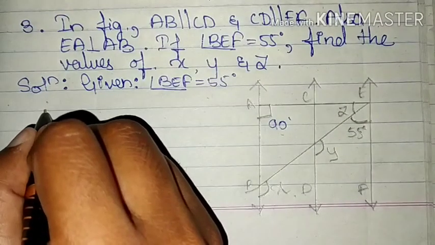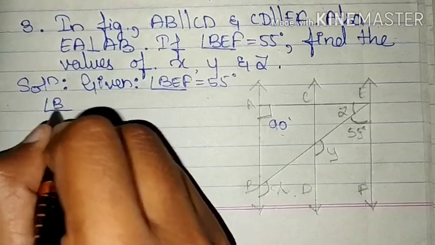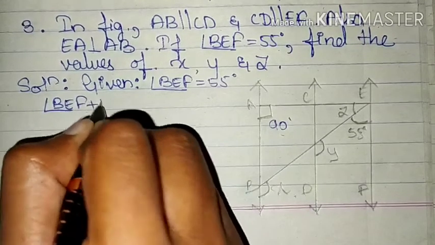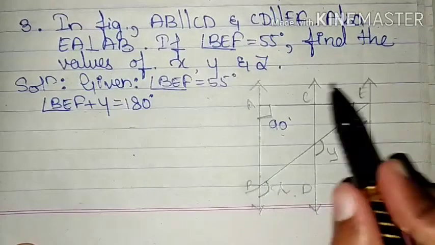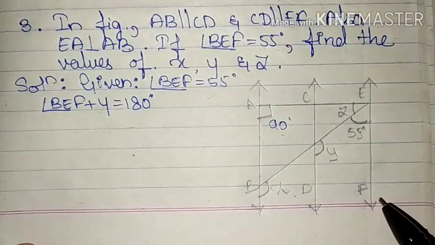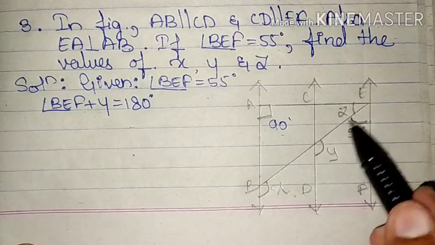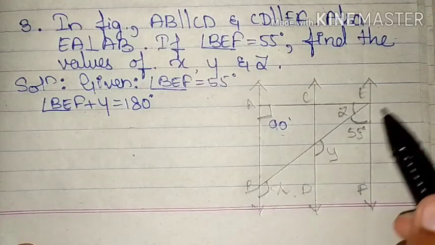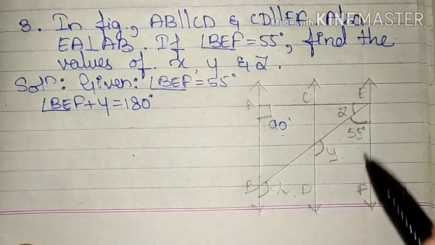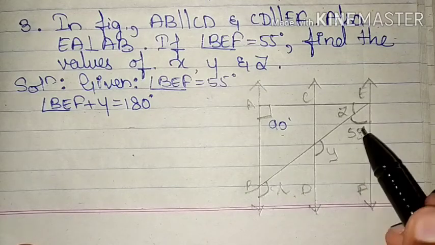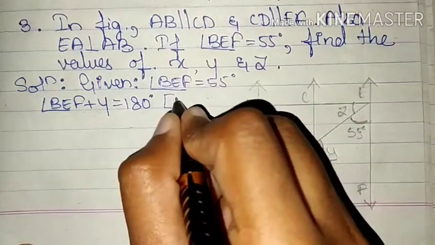Now I can write it as angle BEF plus Y is equal to 180 degrees because CD is parallel to EF and this line EB is the transversal, and angle BEF and angle Y form the co-interior angles.